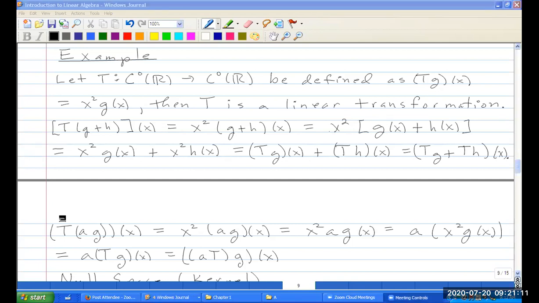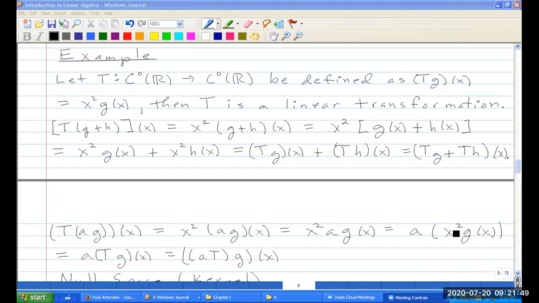Next, T of (a g) at x. I want to show that this is equal to a Tg. Well, by definition, this is x squared times (a g) at x. But again, by the definition of scalar multiplication, (a g) at x is just a times g of x.